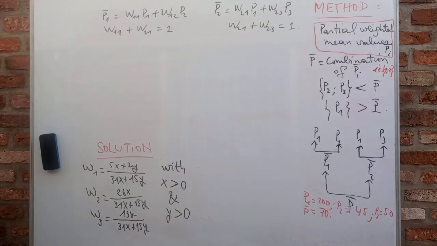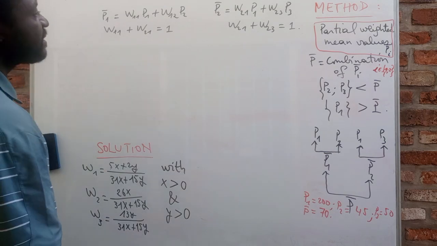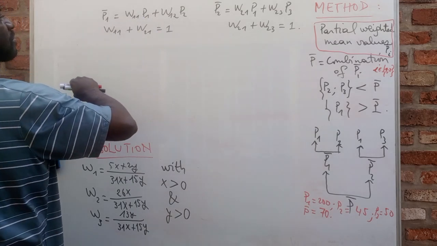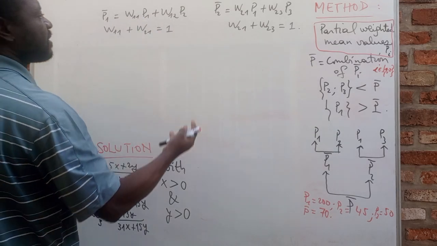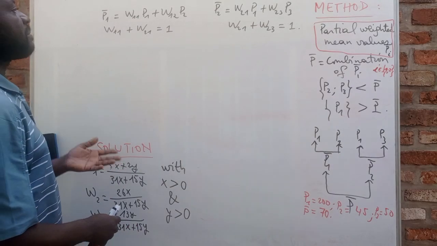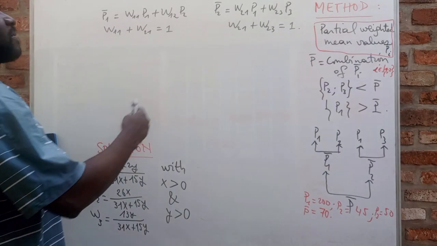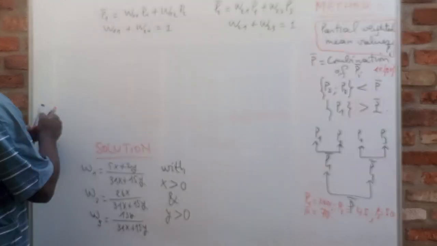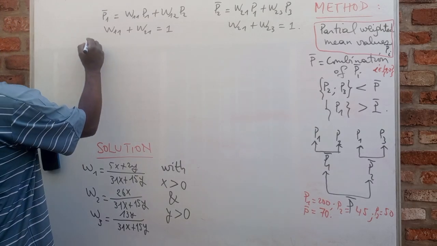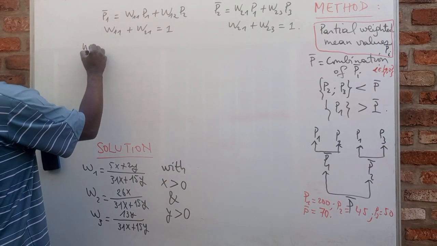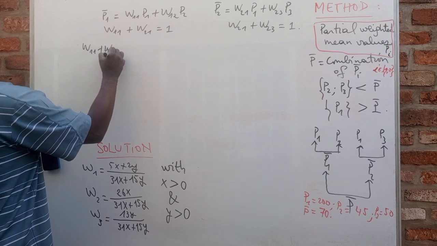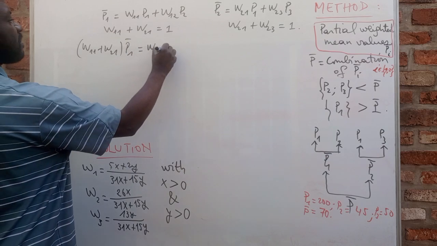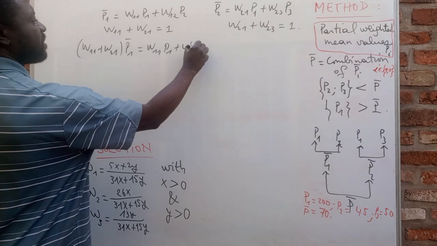So in this case there are different ways, because it is one equation with two unknowns, so we can set one unknown as a parameter and find the other and so on. But another way of eliminating a parameter is to associate this weight here to 1: P1 bar equal to omega 1 1 P1 plus omega 1 2 P2.